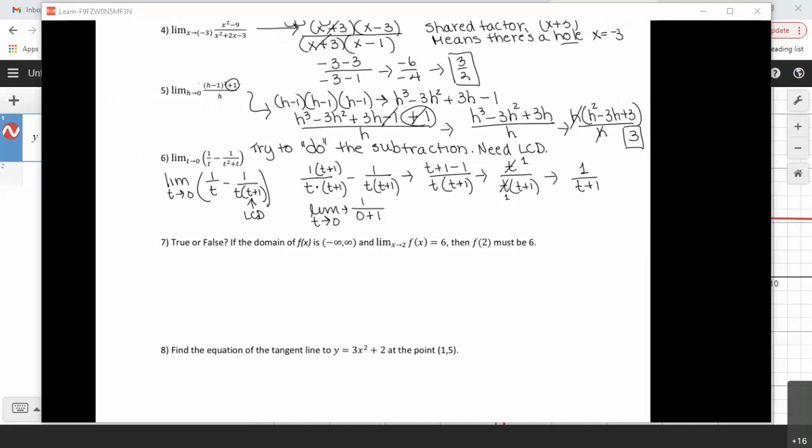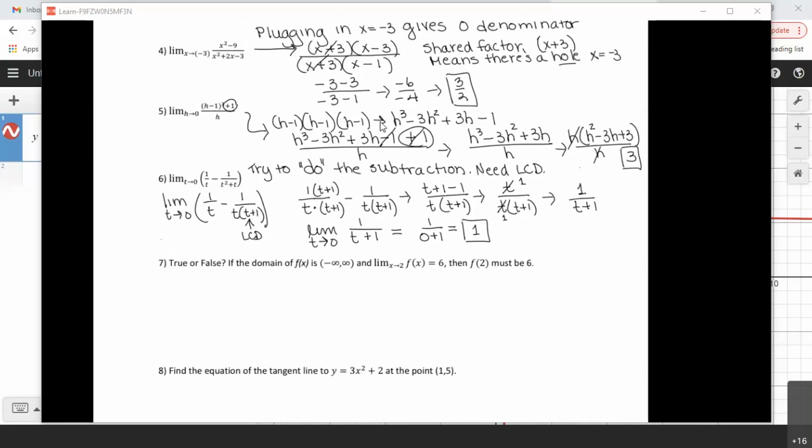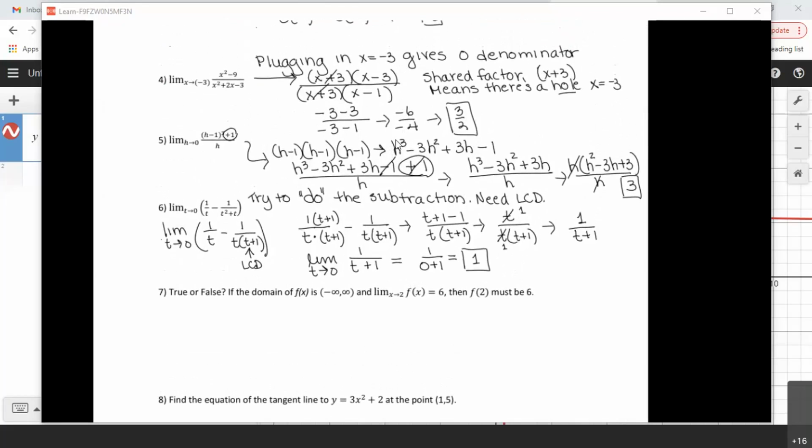Just plugging it in. That's going to be equal to 1 over 0 plus 1, which is 1. Here, I had to do some subtracting to get rid of the t that was problematic in the denominator. Here I just pretty much had a factor.